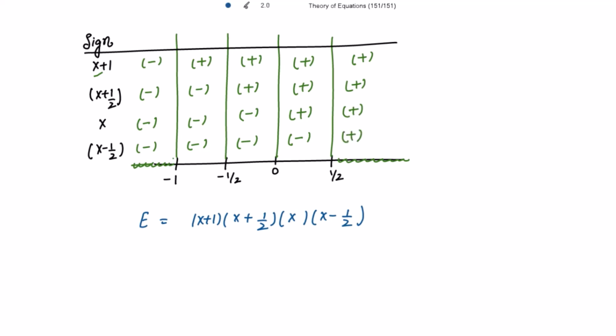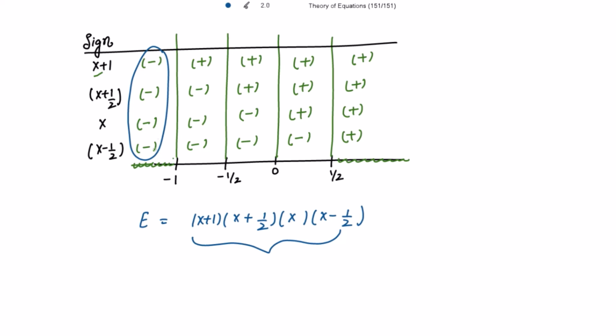Right? Now let's check the sign of E for the interval in which the values of x are less than minus 1. That means we need to take the product of all these signs, because E is the product of all these factors. So what sign will E get for the values of x less than minus 1?